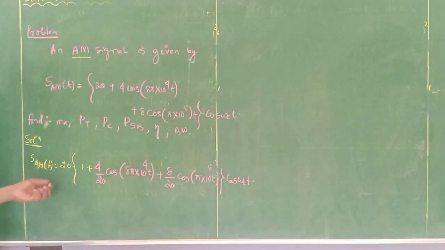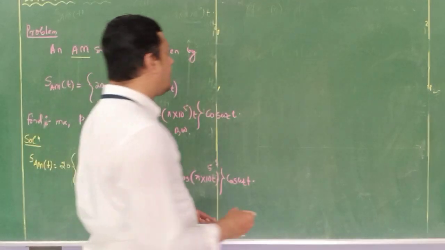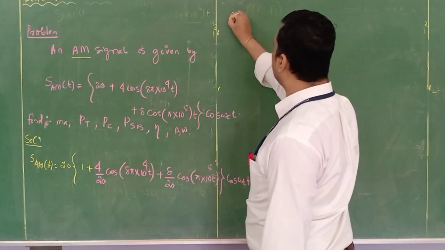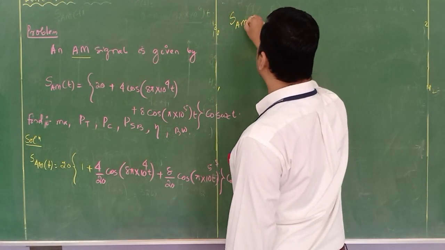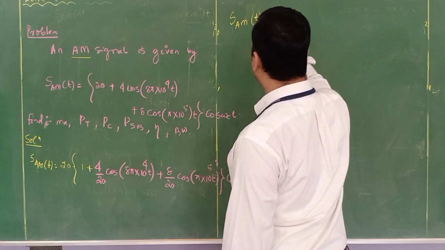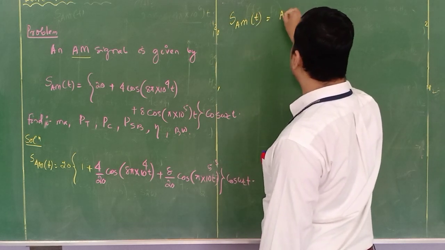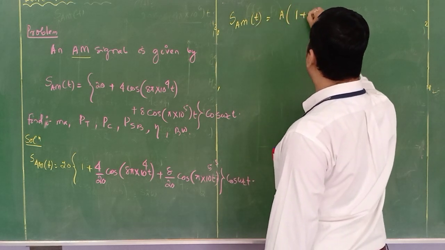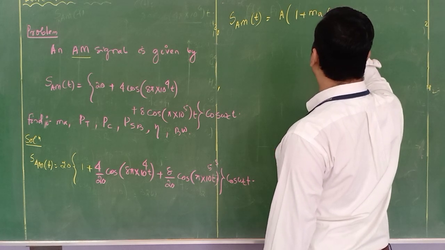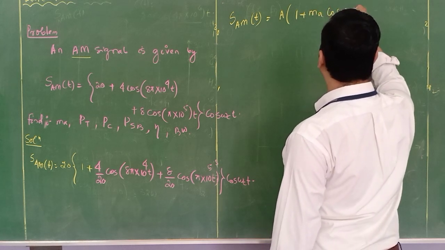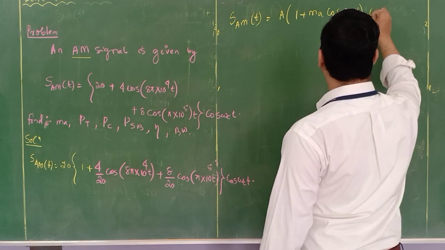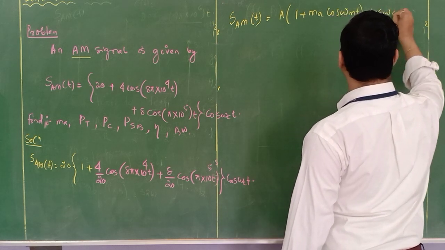Then this equation is similar to the general representation of modulation index form: A into 1 plus ma cos omega m t into cos omega c t.